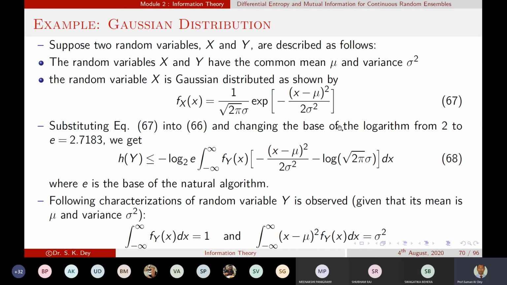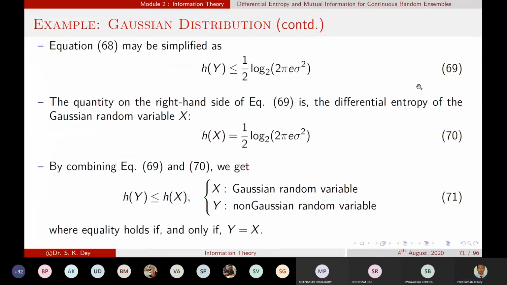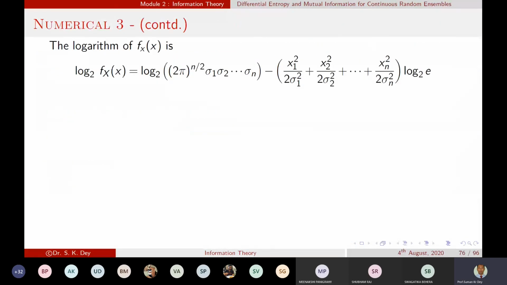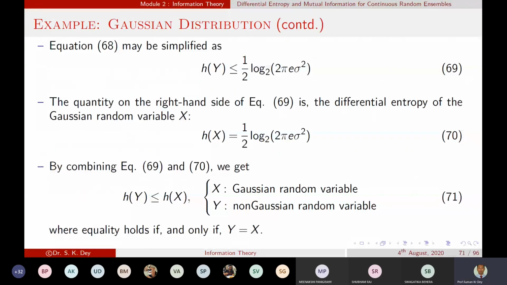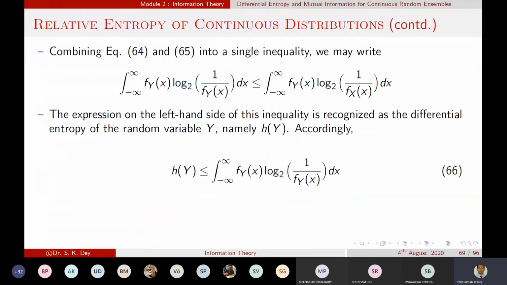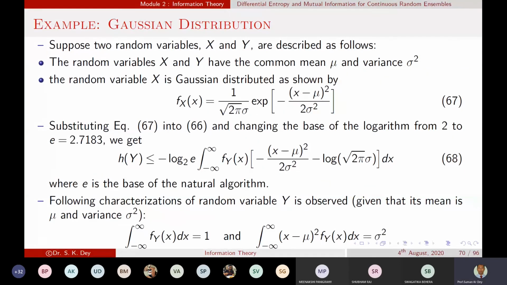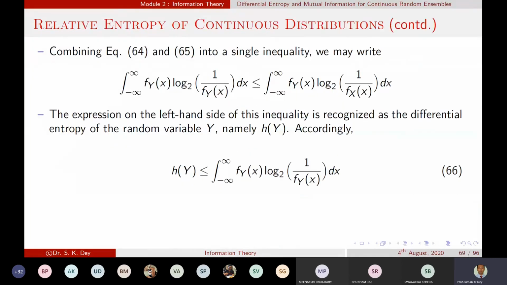So if we multiply n such random variables, then all the terms will be multiplied, and we'll get the final expression. Similarly, let me check, the Gaussian variable is there, but the normal distribution function is not there. Okay. Gaussian distribution expression is there.